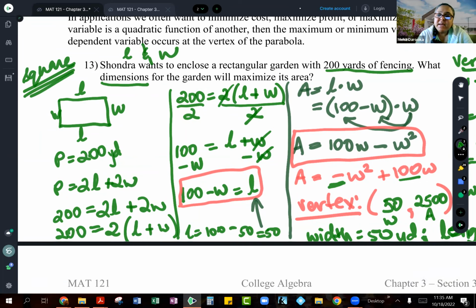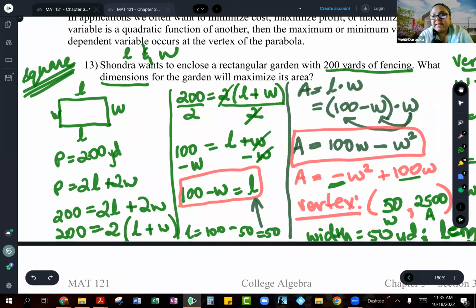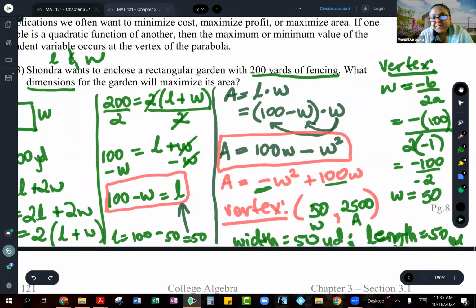Okay, so that was one example of how we can use the idea of that maximum minimum value to try and come up with our area, in this case, the maximum area.